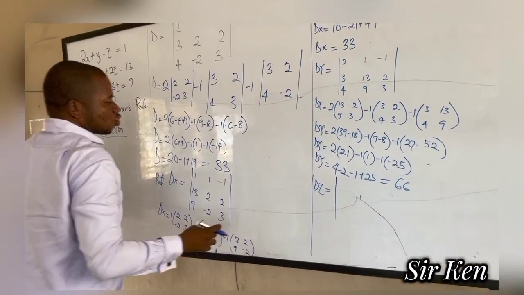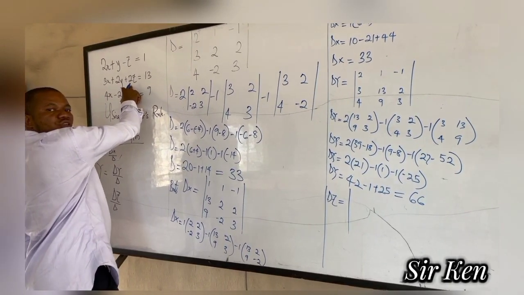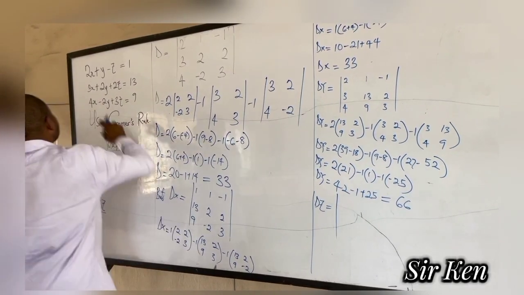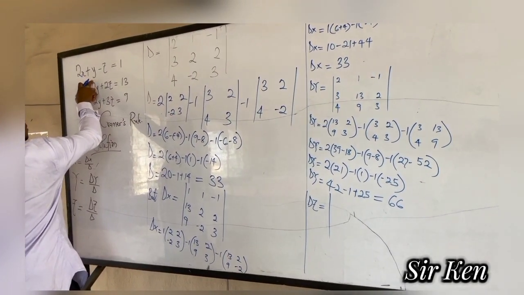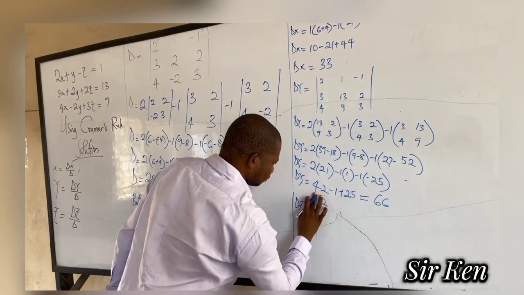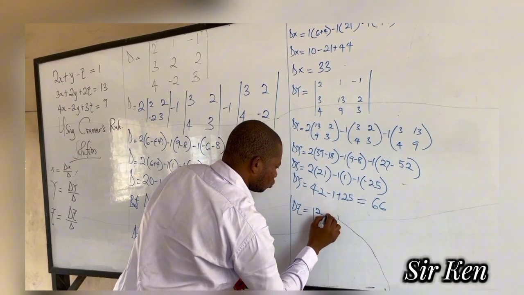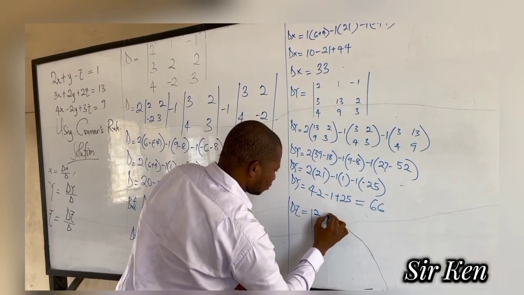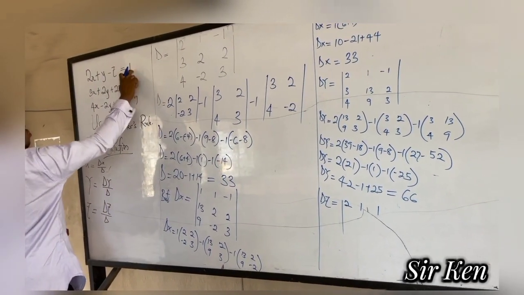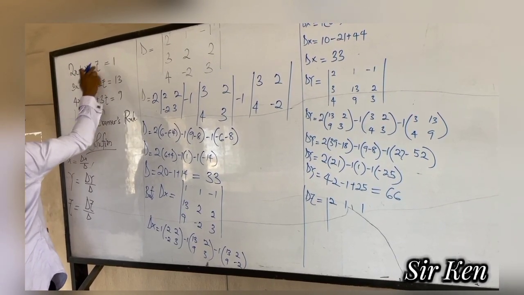determinant of. So anywhere I see my z, I'm going to substitute the coefficient of z from this constant here. So I will be having 2 1 1, 2 1 1.